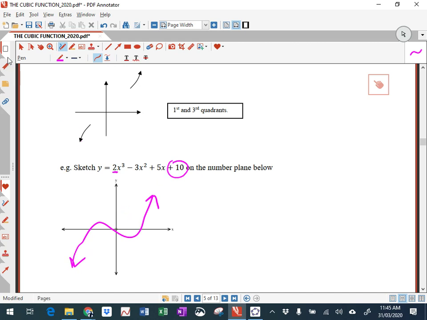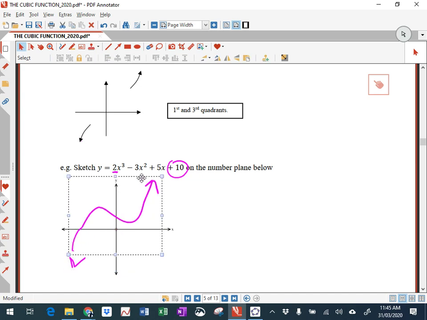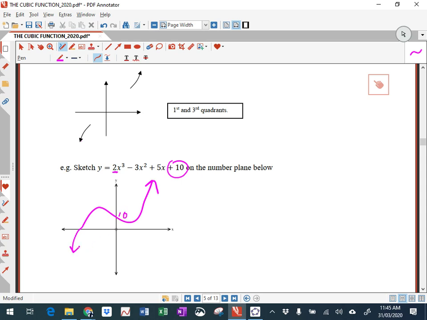So maybe I can just grab this here and move it up a little bit. Okay, that'll do. Let's get rid of this arrow here. There we go. So the y-intercept should be 10.